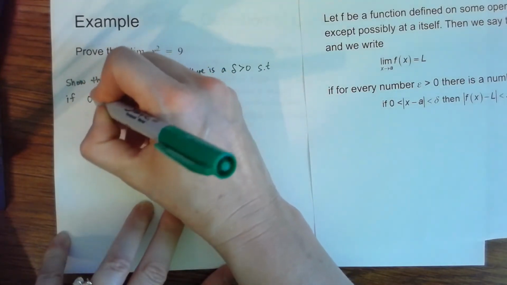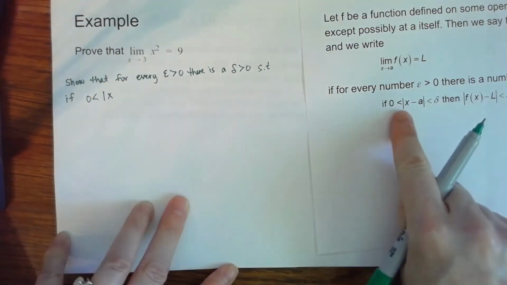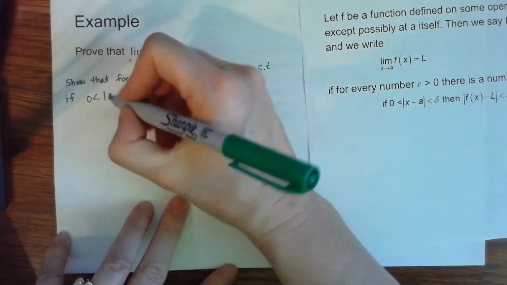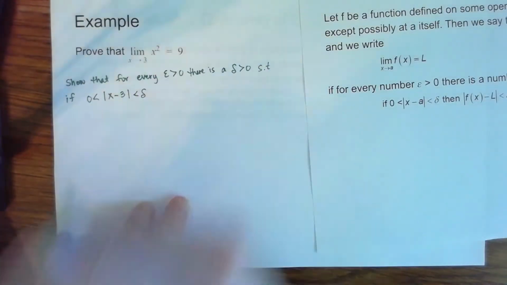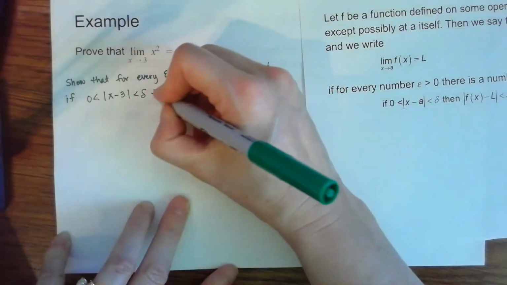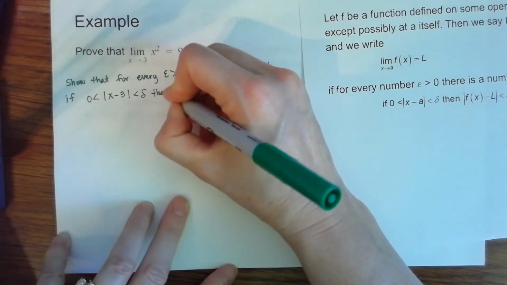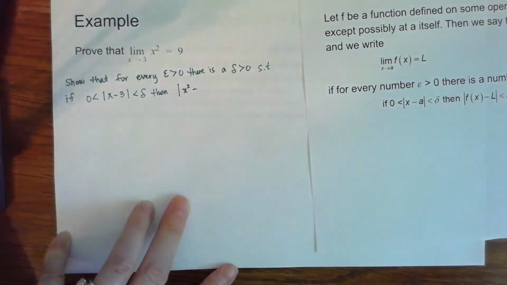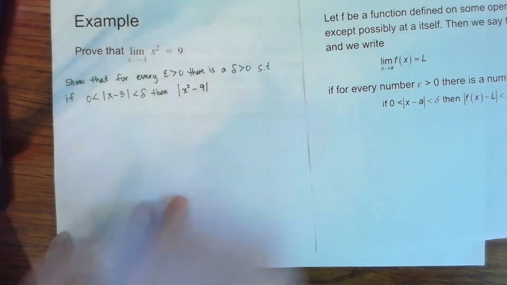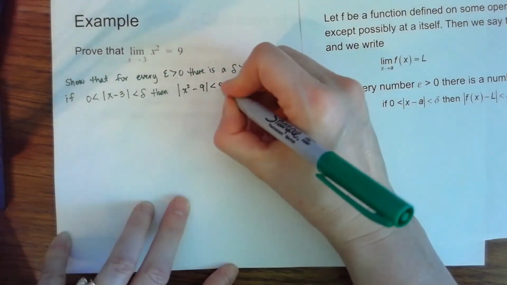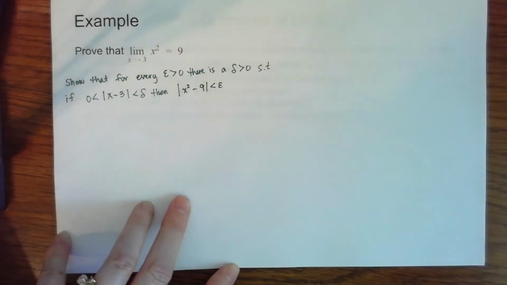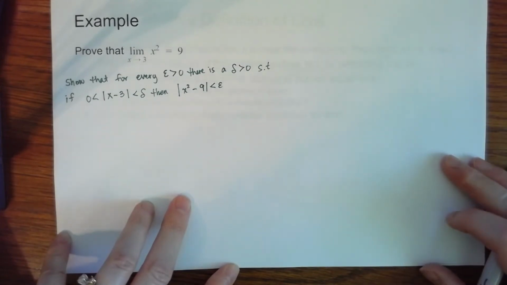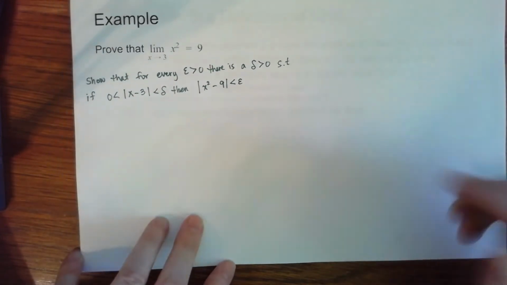If x, now a is 3 in this case, so x minus 3, the difference between x and 3, is less than that delta that we're going to find, then the difference between the function, which in this case is x squared, and the limit, which we're trying to show is 9, will always be within epsilon, whatever epsilon we happen to have chosen. So remember, this is kind of a two-step process.